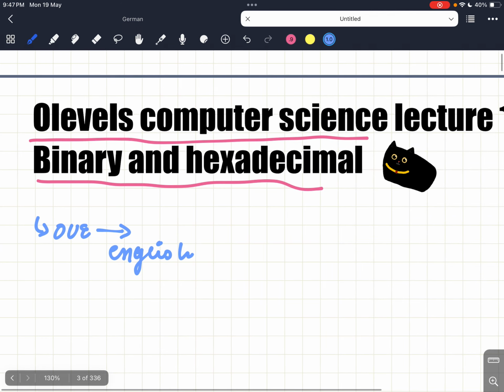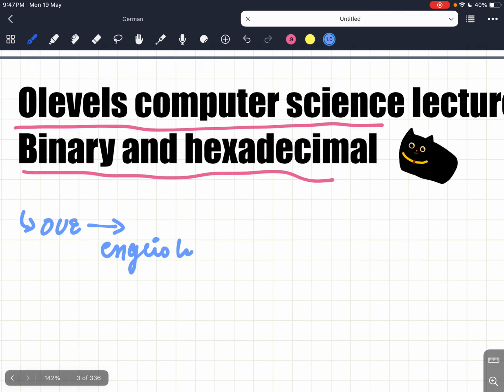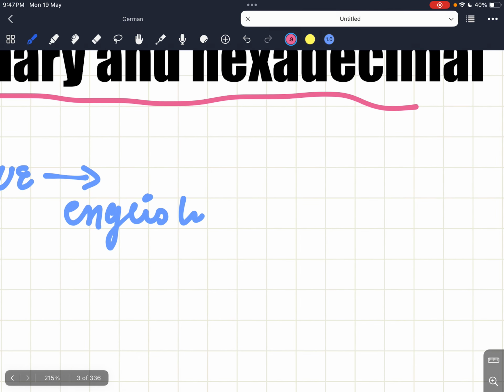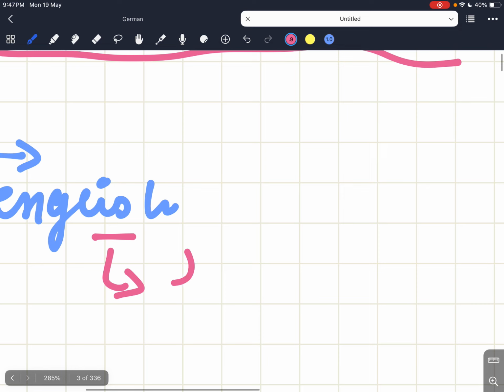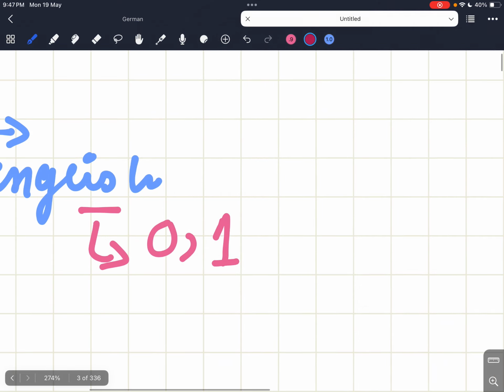A computer understands only two numbers, 0 and 1. These 0 and 1 together are called binary numbers.